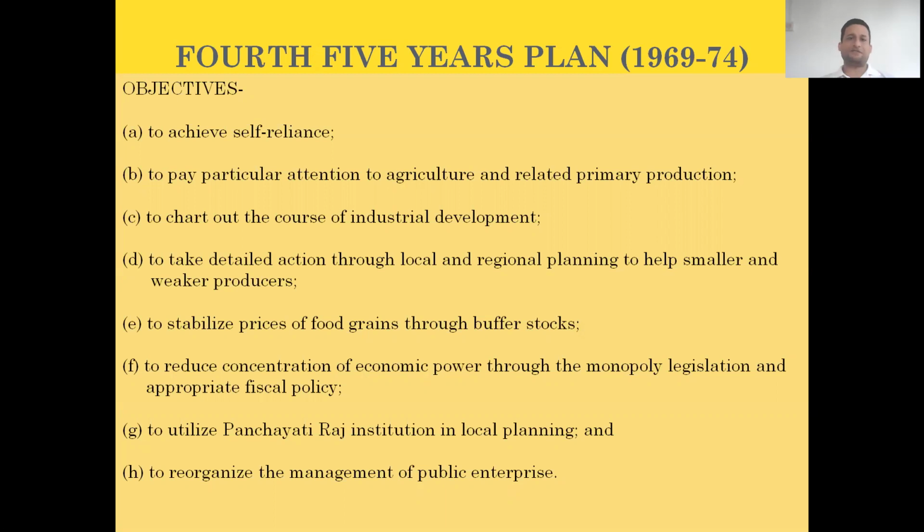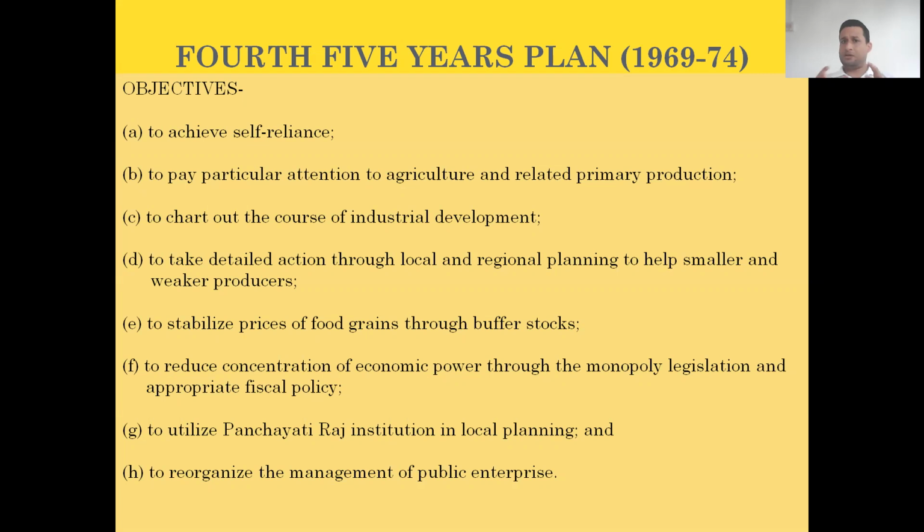The basic objective of the fourth five-year plan was to generate self-reliance in the economy with the development of all sections of the society, with the development of productivity in the agriculture sector, productivity in the industrial sector, productivity in the small and minor producers, tiny producers in the economy. And so the basic objective was the overall development of the economy.